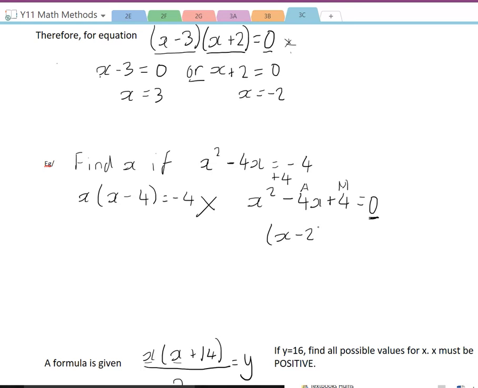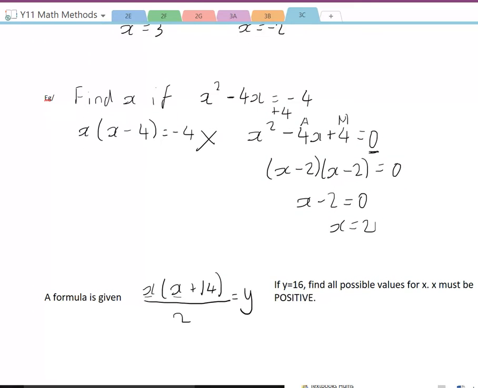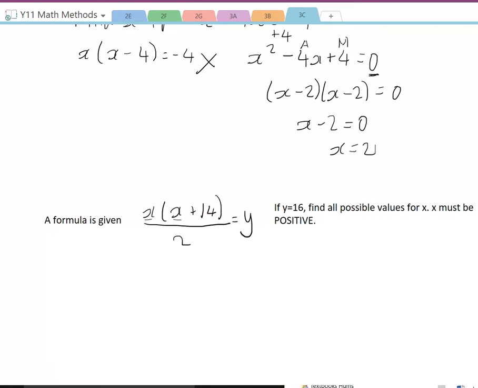So x minus 2 times x minus 2, or negative 2 times negative 2 is equal to positive 4, and negative 2 plus negative 2 is equal to negative 4, okay? So therefore, in this case, x minus 2 would have to be equal to 0 for this to hold. So x would be equal to 2. So this is a unique scenario where, in a quadratic, x can only be equal to one thing there.